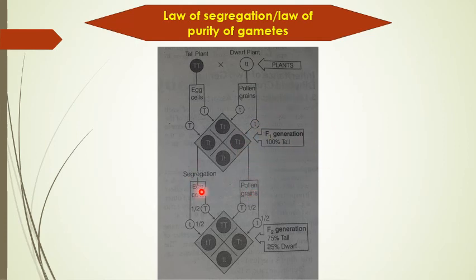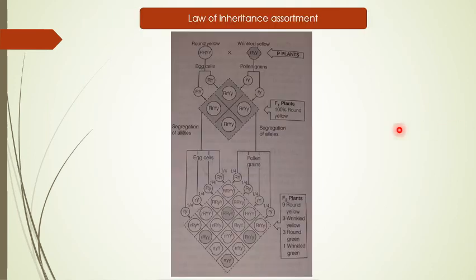With segregation of gametes and pollen grains, they are self-pollinated and give a second generation that is 75% tall and 25% dwarf.